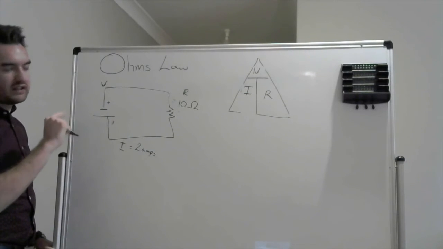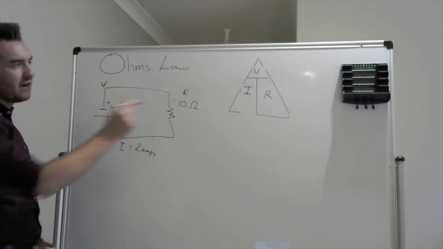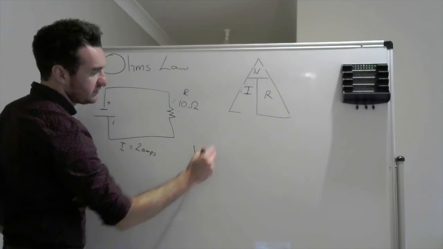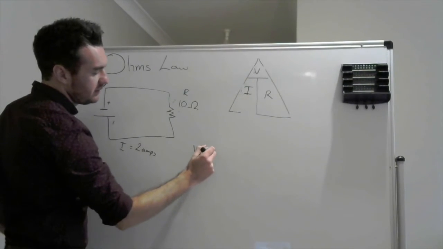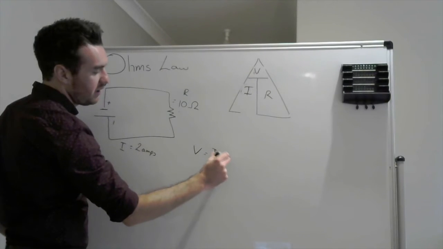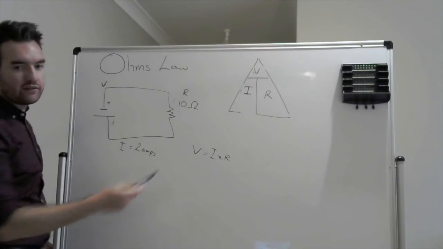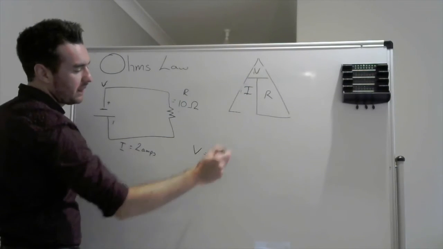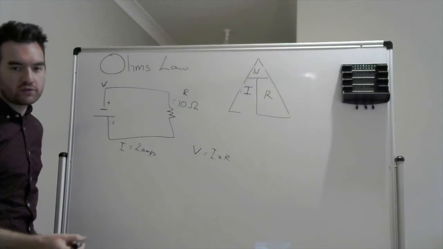So this is going to be slightly different from the other ones we've looked at. But to calculate V equals I times R. Because they're sitting together at the base of this triangle, we times I times R together to tell us how many volts we have.